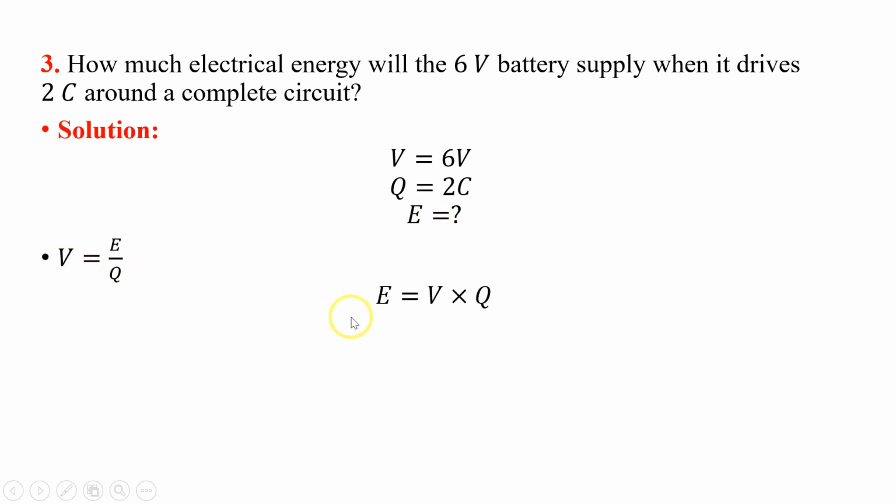Arranging the equation of voltage, we know that voltage is equal to energy required per unit charge. So energy is equal to the product of voltage multiplied by charge. Putting the values in the equation and calculating, we get the energy required is 12 joule.